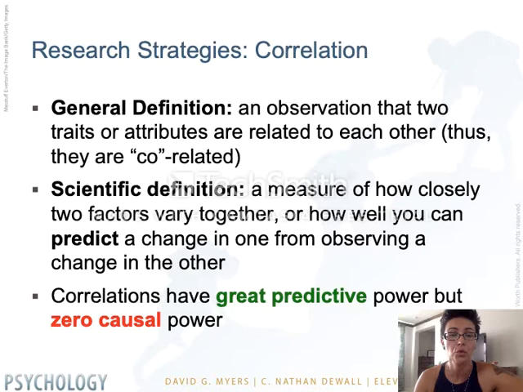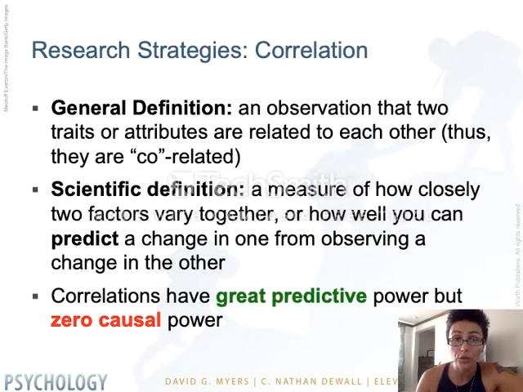They're just related. And for the purposes of science and psychology, we want to measure how closely things are related and how we can predict what happens to the other when we observe change in one. Prediction is something very important for us scientists.